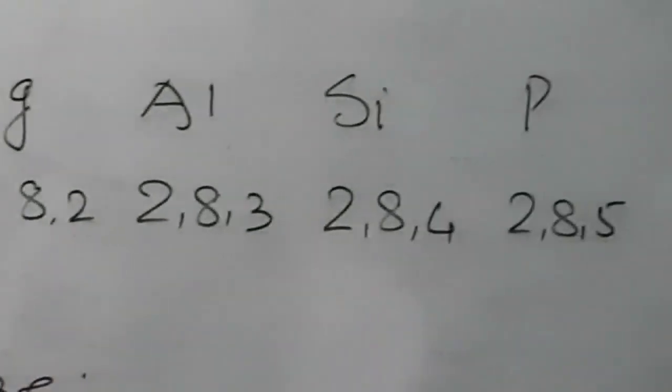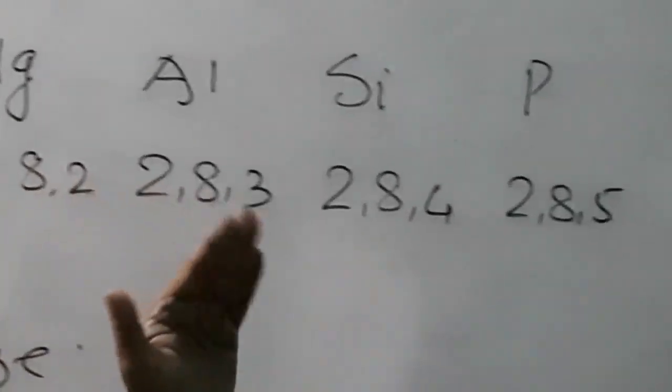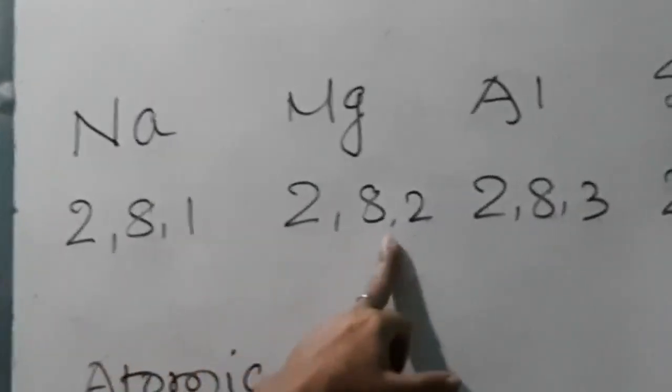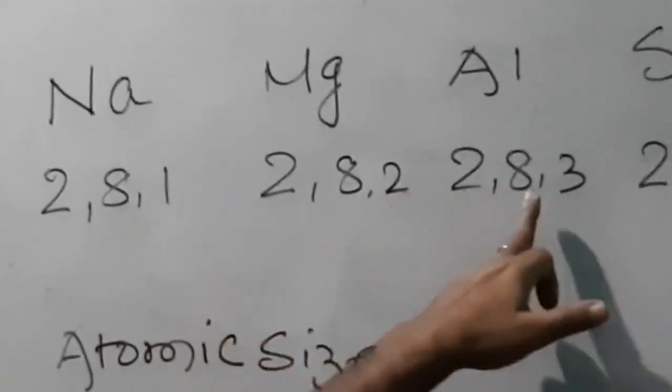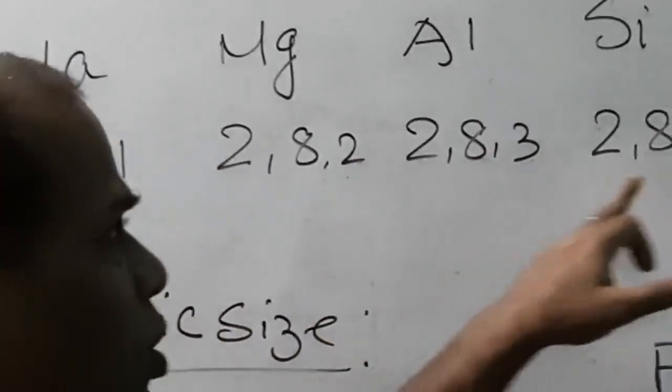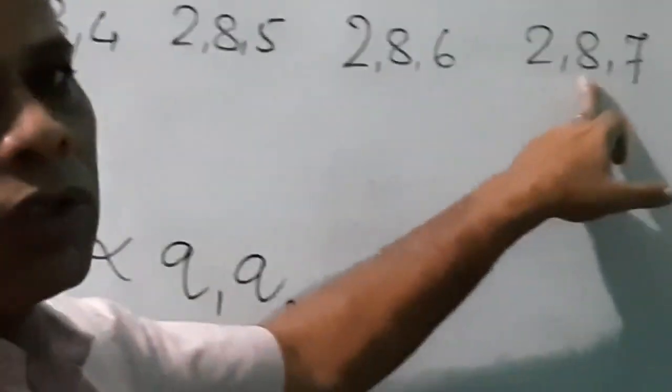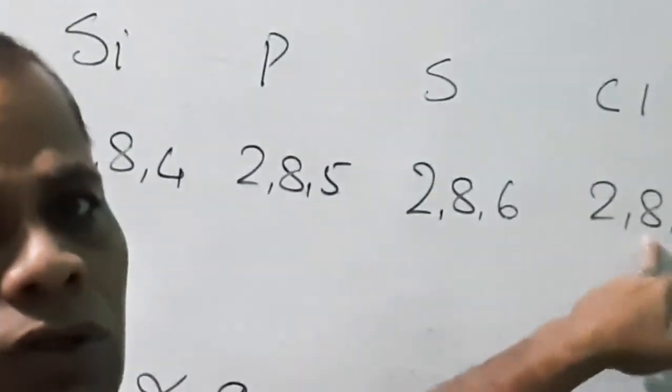So you see what is happening. While moving from left to right, the magnitude of the charge is increasing. Here you see, 11 protons, 11 electrons, 12 protons, 12 electrons, 13 protons, 13 electrons, 14 protons, 14 electrons, 15 protons, 15 electrons, 16 protons, 16 electrons, 17 protons and 17 electrons. So what is happening along the period?